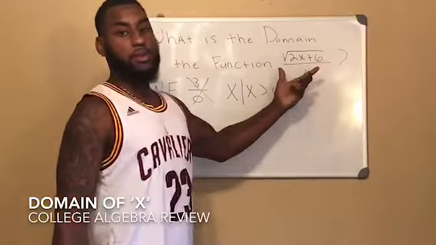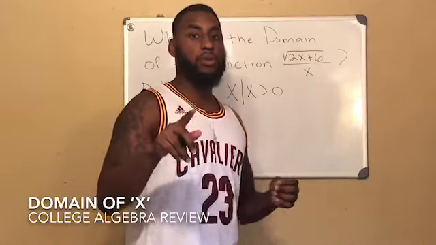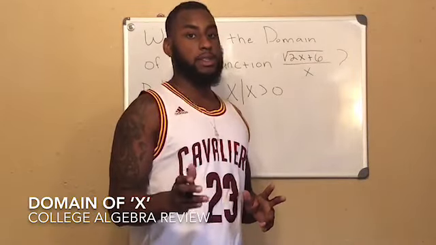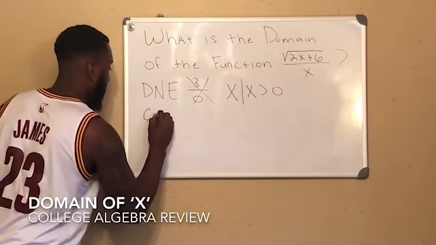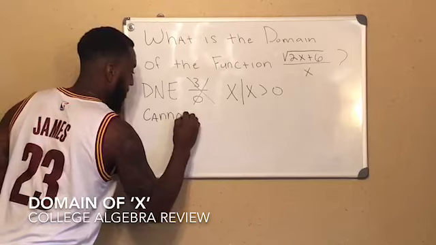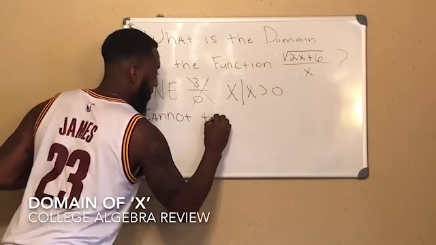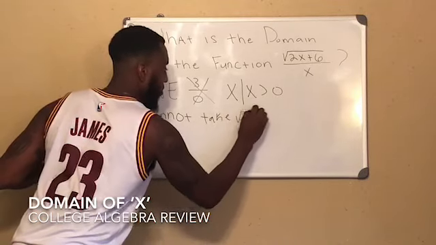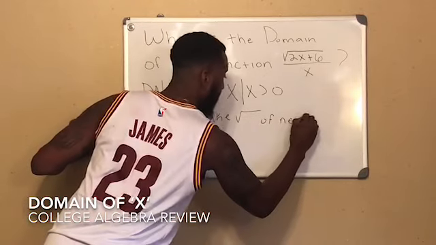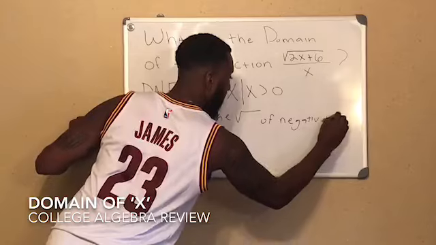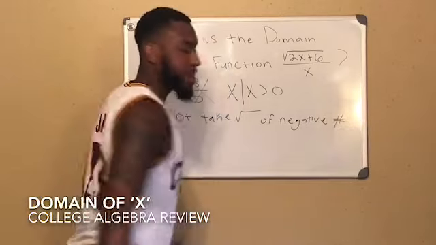So when you have a radical, you can't take the square root of a negative number. Okay, so let's write that down. Cannot take square root of a negative number. You cannot do it.